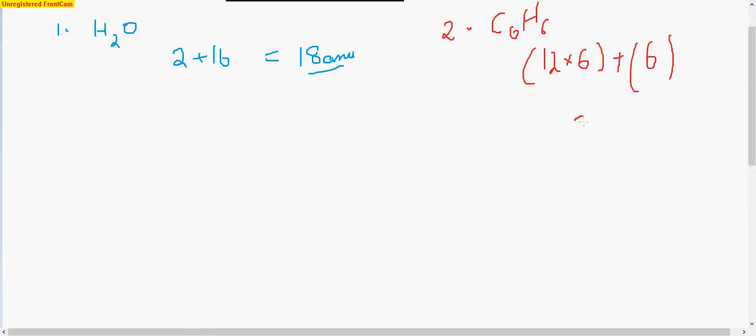I'll do it in my mind. 72 plus 6, 78. Oops, I'll do it in another color. 78 AMU. That is the molecular mass of benzene.